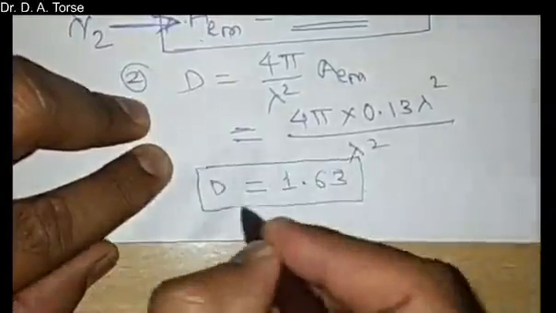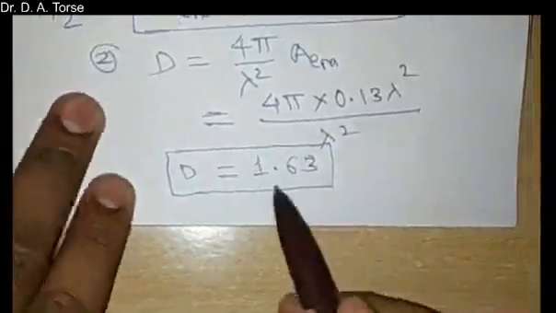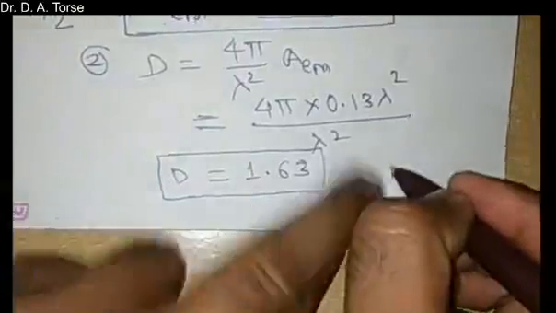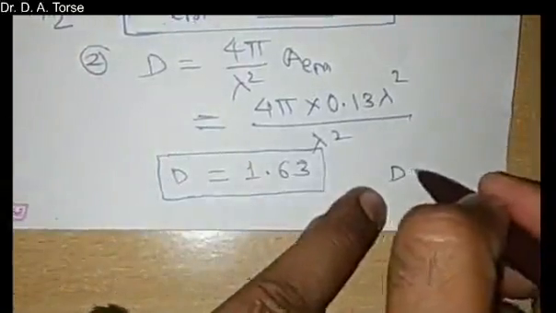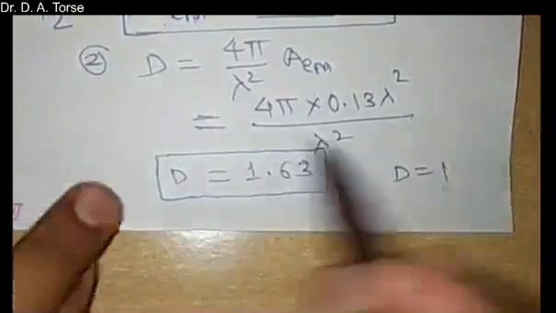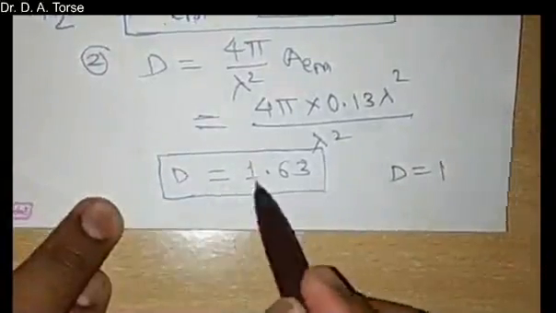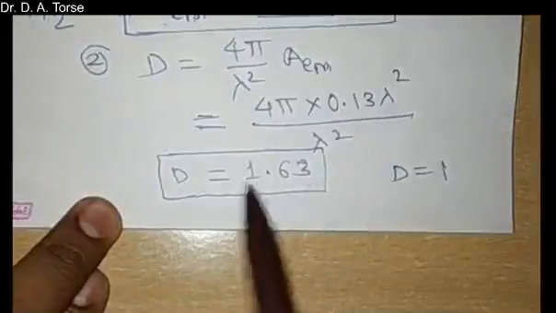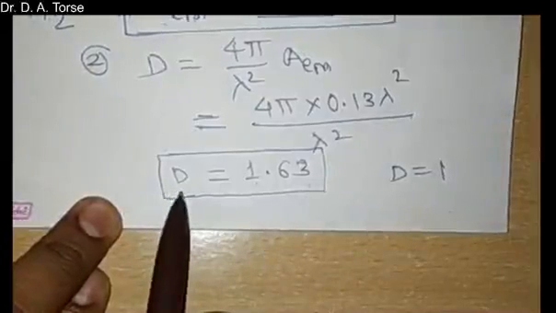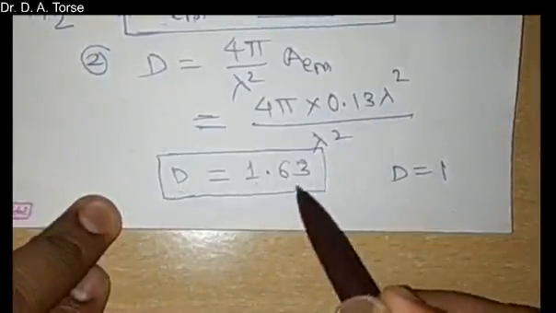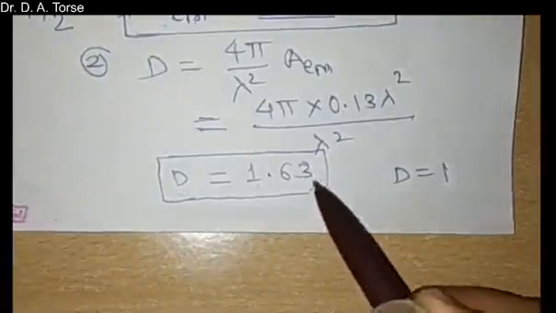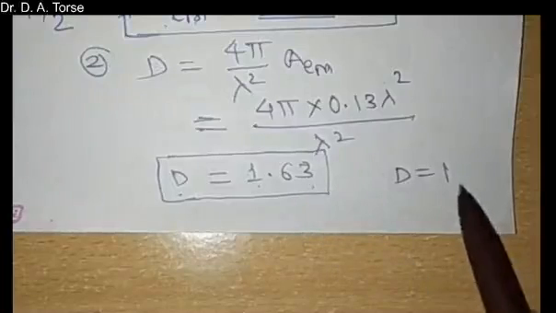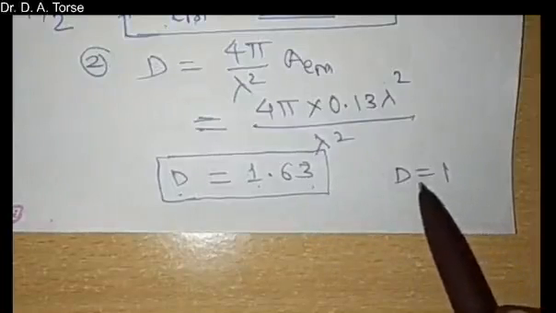So we can make a conclusion now that for an isotropic radiator, the directivity is 1, and for the lambda by 2 dipole the directivity is 1.63. So the lambda by 2 dipole antenna radiates 63% more power in the given direction compared to the isotropic radiator.